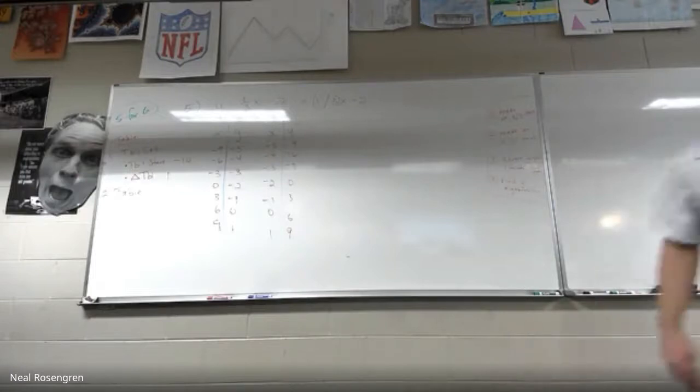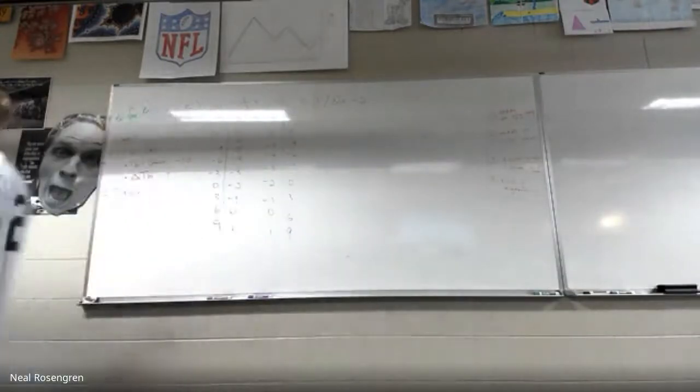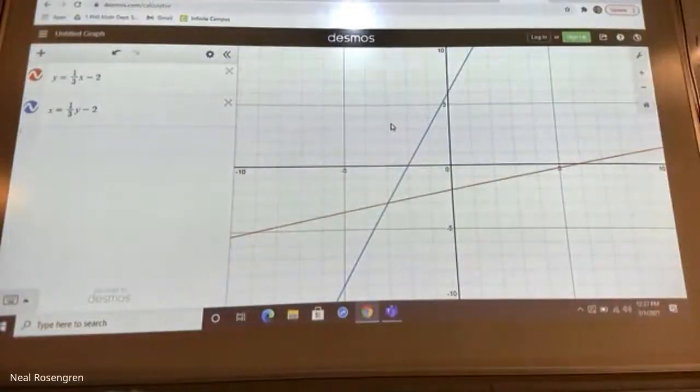Something's wrong here, because that point wasn't on that line, but it should be. So there it is. It should be straight. It should be -5, -9. Oh, -3, -3. Yep, there you go.